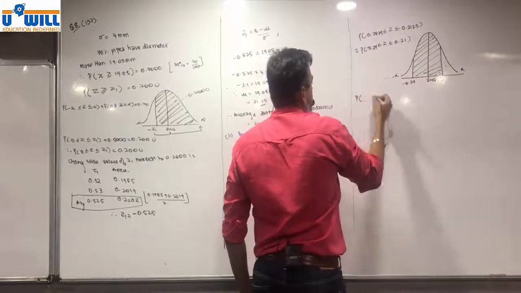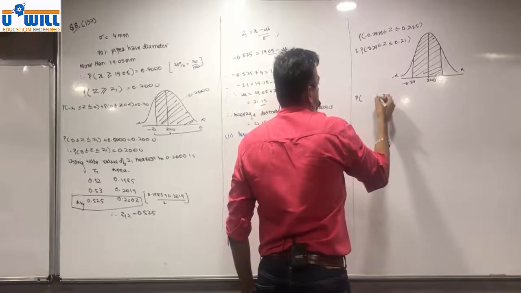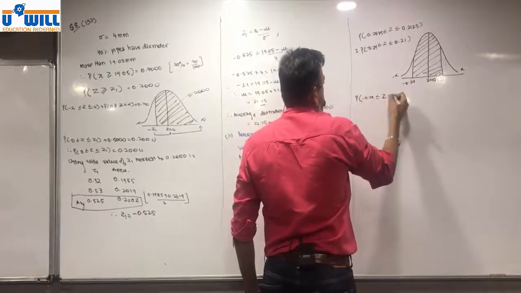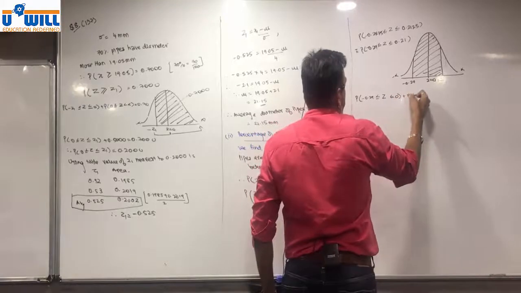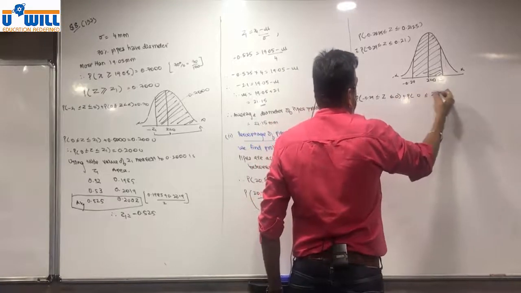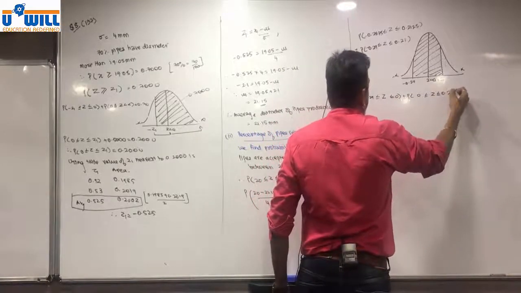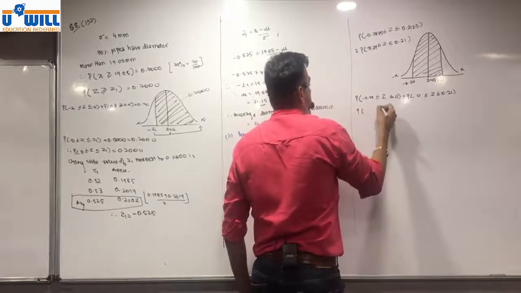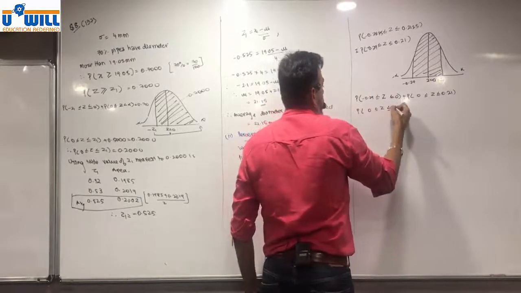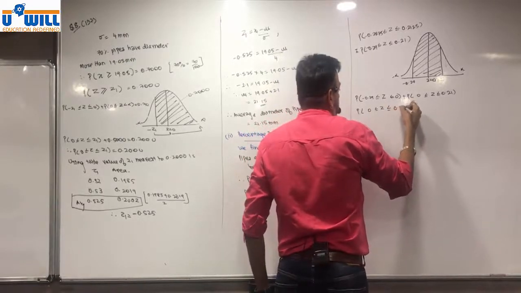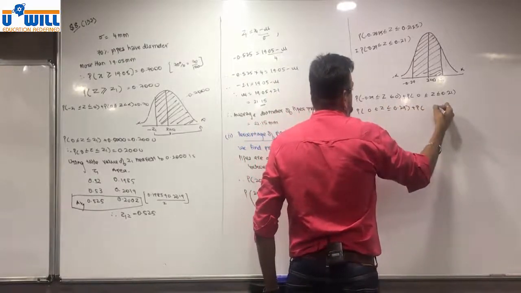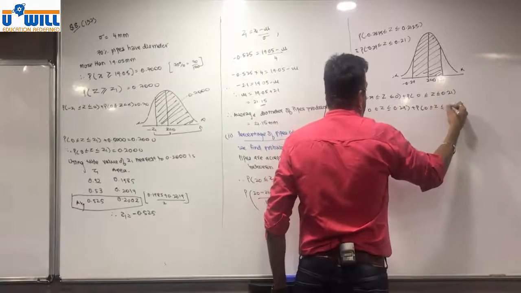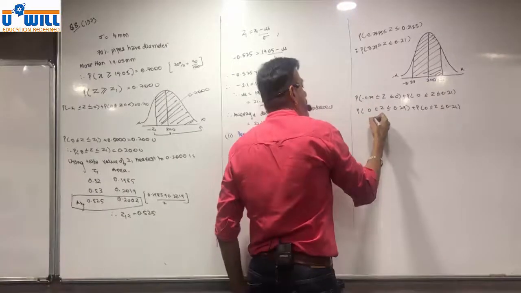So probability of Z between minus 0.29 and 0, plus probability of Z between 0 and 0.21. We change the sign: probability of Z between 0 and 0.29, plus probability of Z between 0 and 0.21.